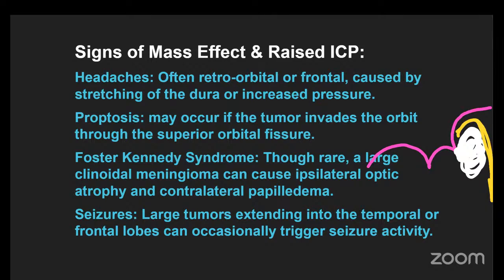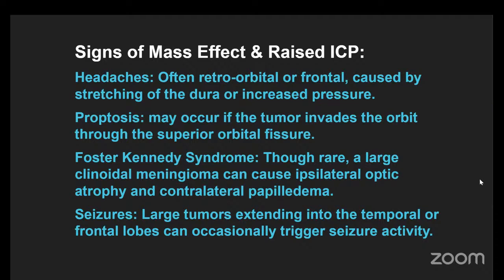So what ends up happening is, if there is direct compression over the temporal lobe by this lesion here, then there can be cortical irritation, and due to compression, these lesions can trigger seizures as well. Similarly, if this grows superiorly and there's compression over the frontal lobes, that also predisposes the patient to seizures. Am I clear?